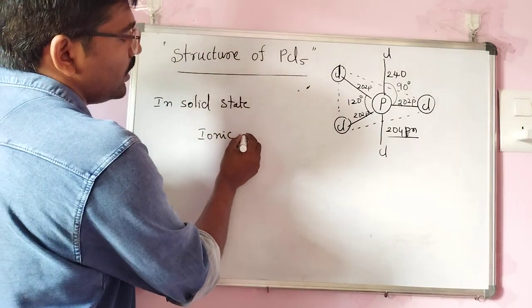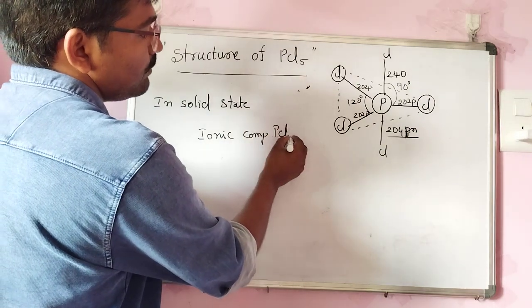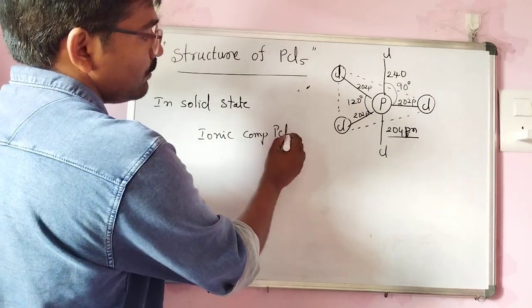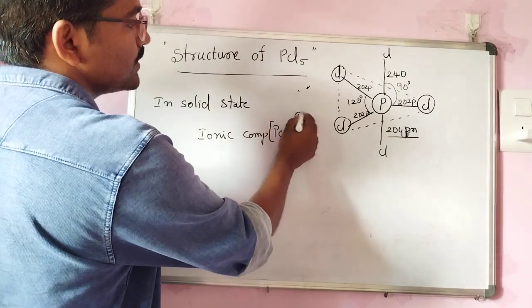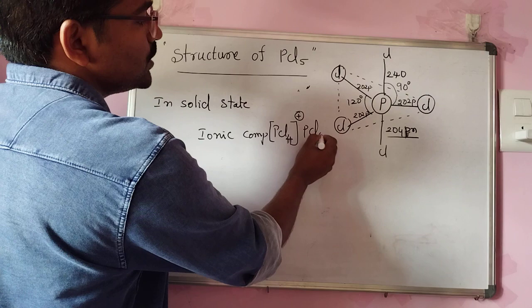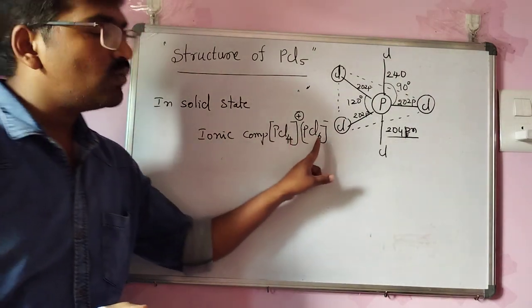It exists as PCl4+ and PCl6-, one is cation and one is anion.